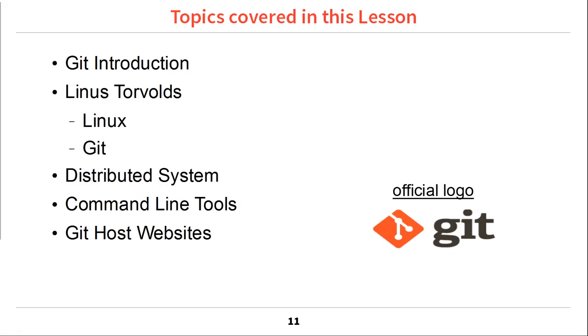Now that we've completed this lesson, you should be familiar with the following topics which we discussed. We gave an introduction to Git, defining it and what a version control system was. We introduced Linus Torvalds and gave a brief history of why Git was created. We discussed what a distributed system is and compared it to a centralized and decentralized pattern.